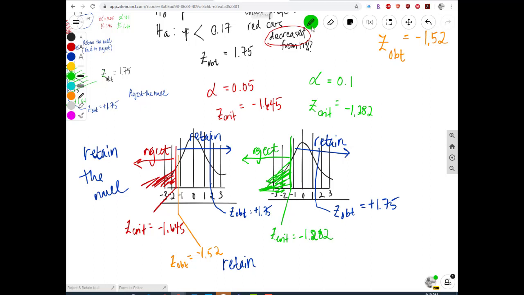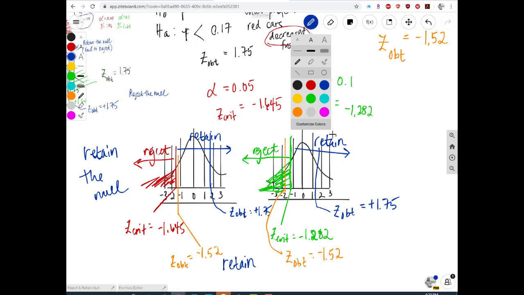Here in this situation, if I were to go ahead and plot my Z obtained, it would actually be in the area of rejection. So in this situation, I would have rejected the null of no difference.